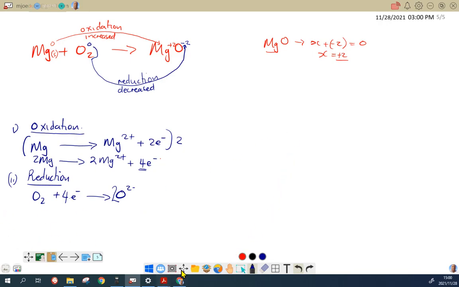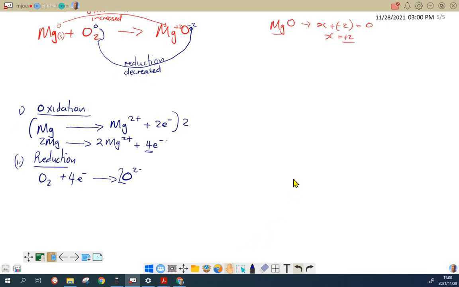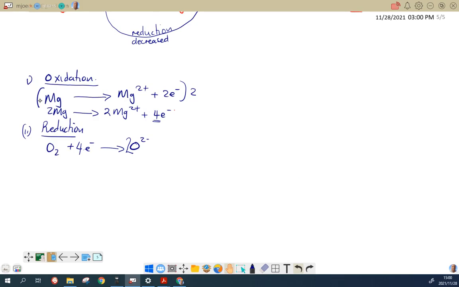And hence, we can now write the net equation for the process. To write the net equation, we write the sum of the reactants, so it's going to be 2 Mg, that's the only reactant up here, plus O2 plus the 4 electrons, to give us the products.